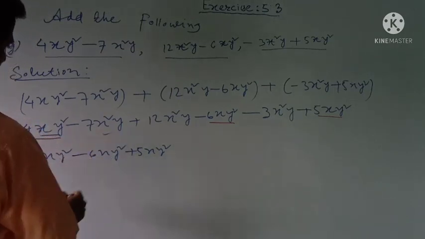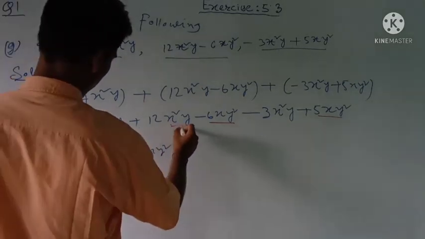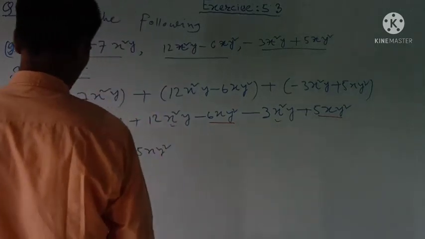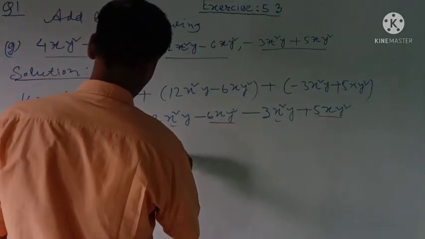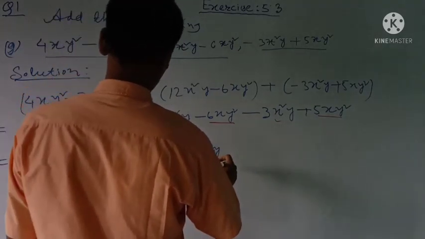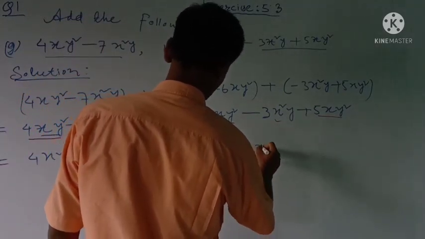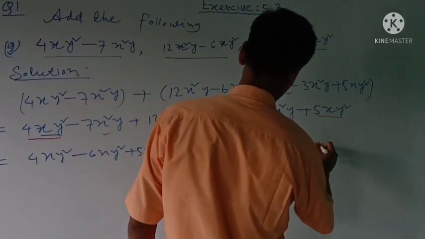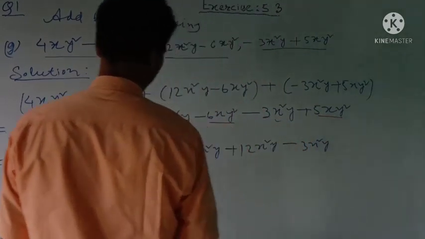All right. So next what we got here, x square y. We'll see if there is any more x square y or not. Yes, this is also x square y, and this we got here x square y. So we'll bring them together: first we'll write minus 7x square y, then plus 12x square y, then minus 3x square y. All right.